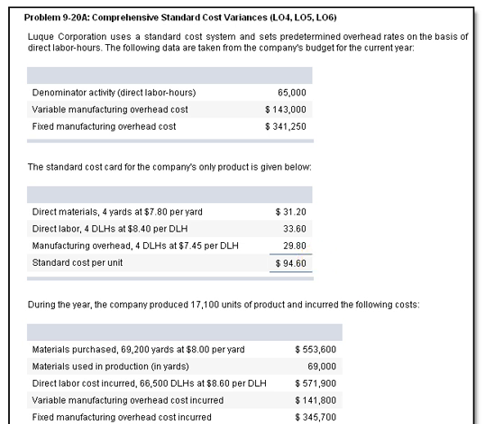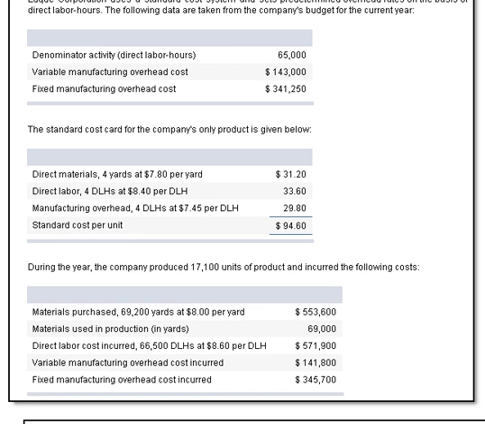All right, during the year, the company produced 17,100 units of product, and they incurred the cost below. And let me slide a little bit so you can see that. All right, materials purchased, 69,200 yards at $8 for $553,600. Material used in production, 69,000.